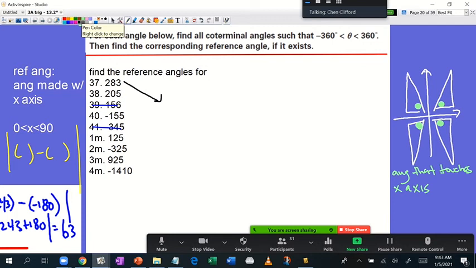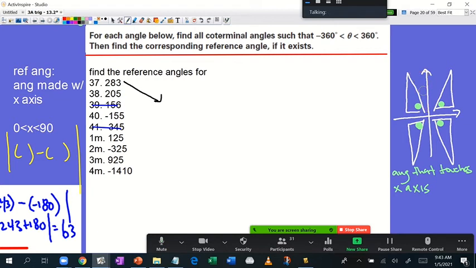Now, what it's not going to be is this yellow angle. It's not going to be that yellow angle right there, because that angle touches the y-axis. So it's only the green angles which touch the x-axis.